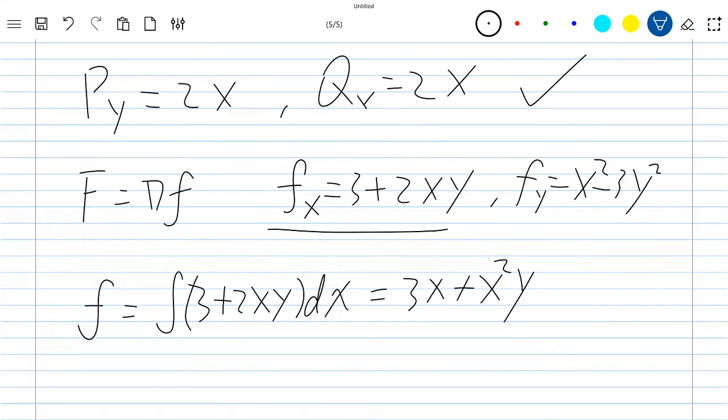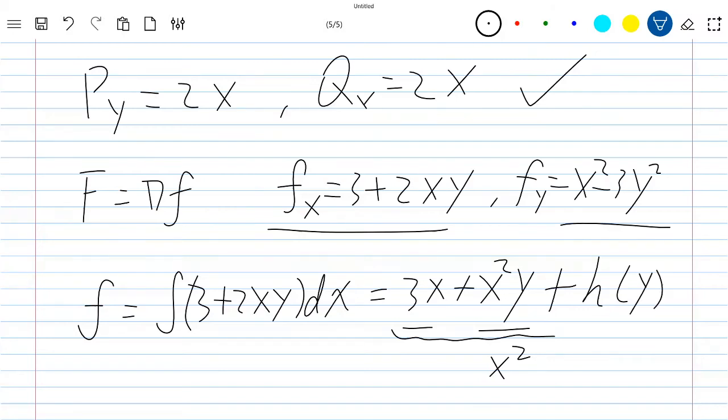Because if you take its y derivative, the 3x is gone, and that will give you x squared. So it's x squared, not x squared minus 3y squared. So what do we do? We add an arbitrary function of y. How can we do that? Because whatever h is, when you take its x derivative, you will still get the same thing.